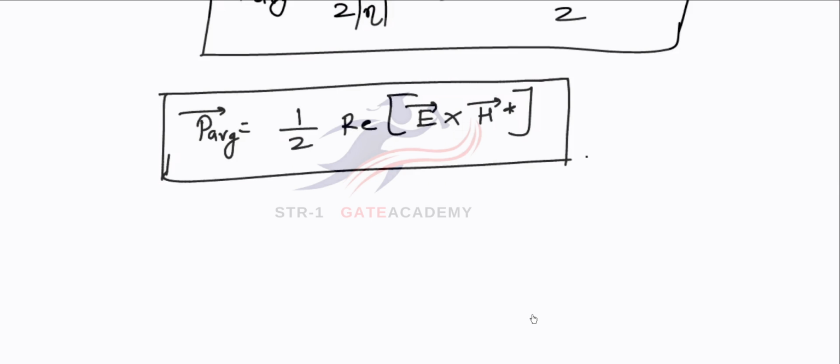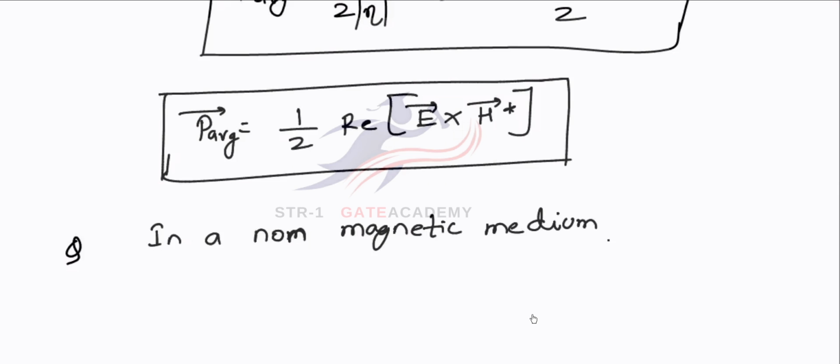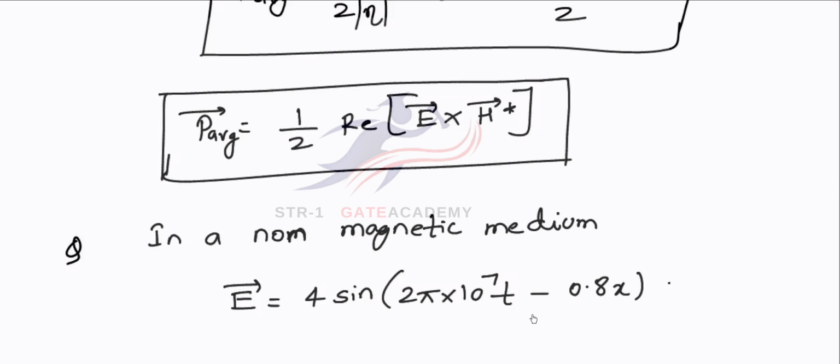So let me consider this problem. It is given that in a non-magnetic medium, the electric field E vector is equal to 4 sine of (2 pi into 10 to the power 7 t minus 0.8 x) into az vector volt per meter.